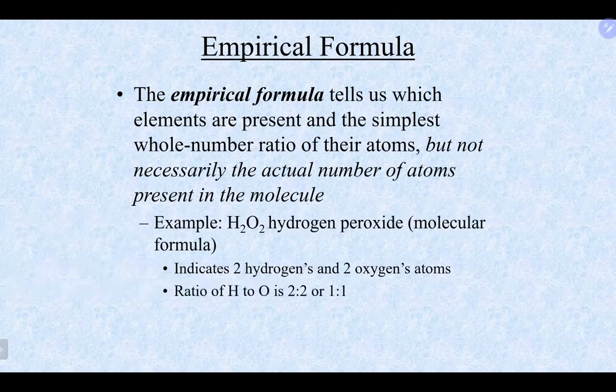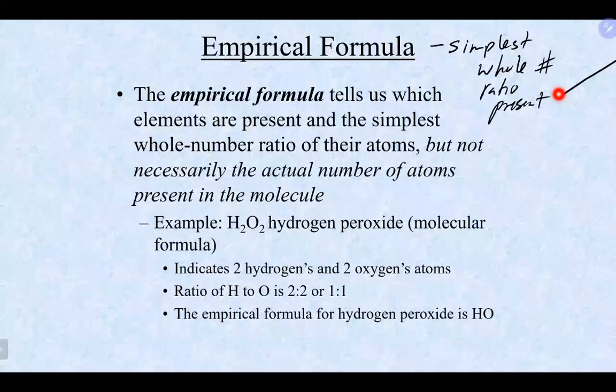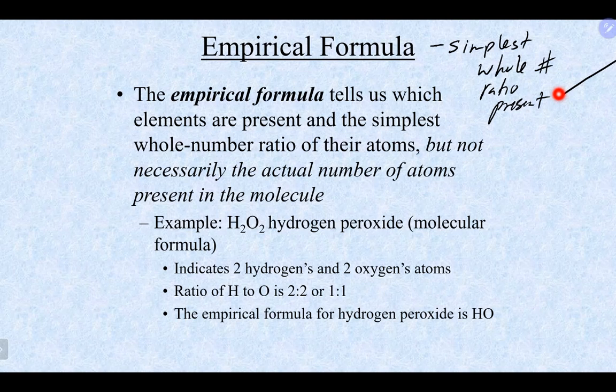Now, another type of formula which is really important is the empirical formula. The empirical formula is the simplest whole number ratio that's present. So the empirical formula may not necessarily give you how many atoms of each element are present in the actual compound, but it is the simplest ratio of what's present.